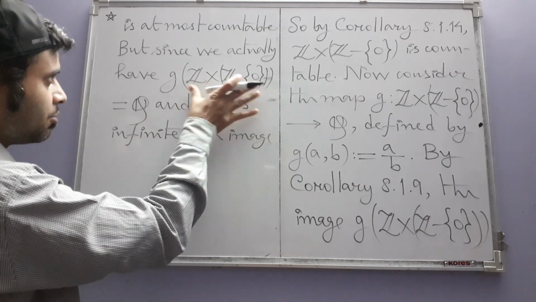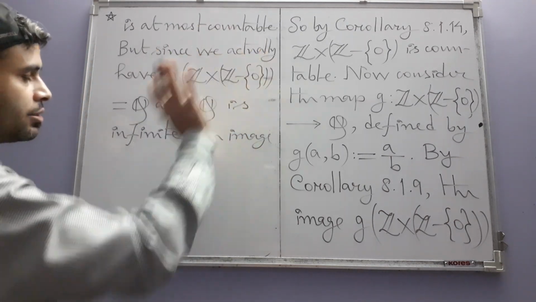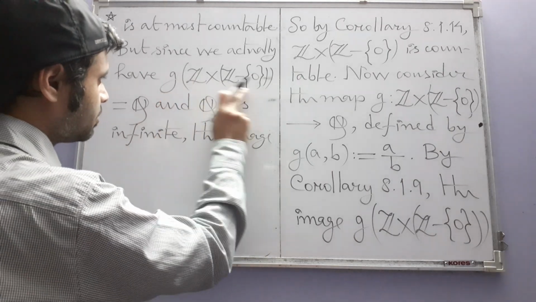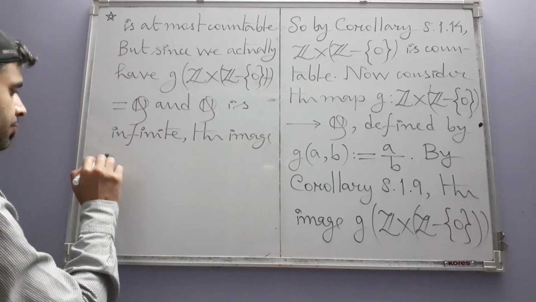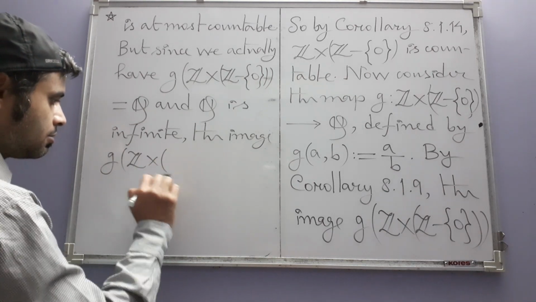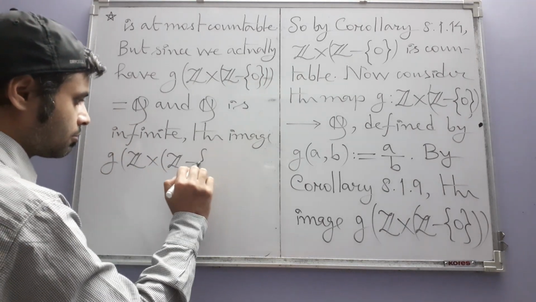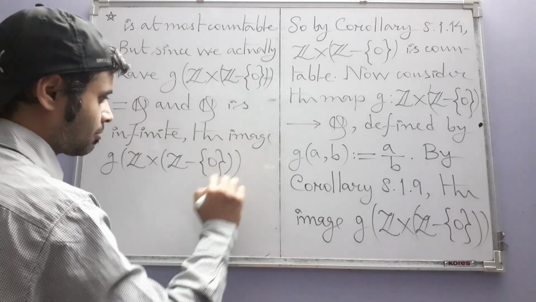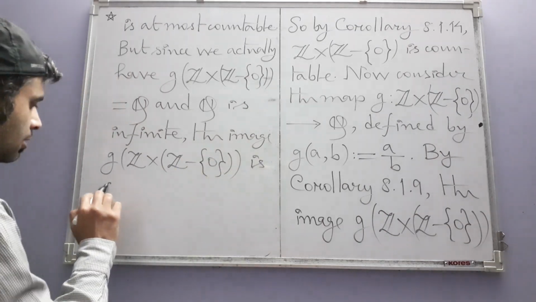So that means this image, if we have already concluded it is at most countable, but now it becomes infinite also. So the image is countable.